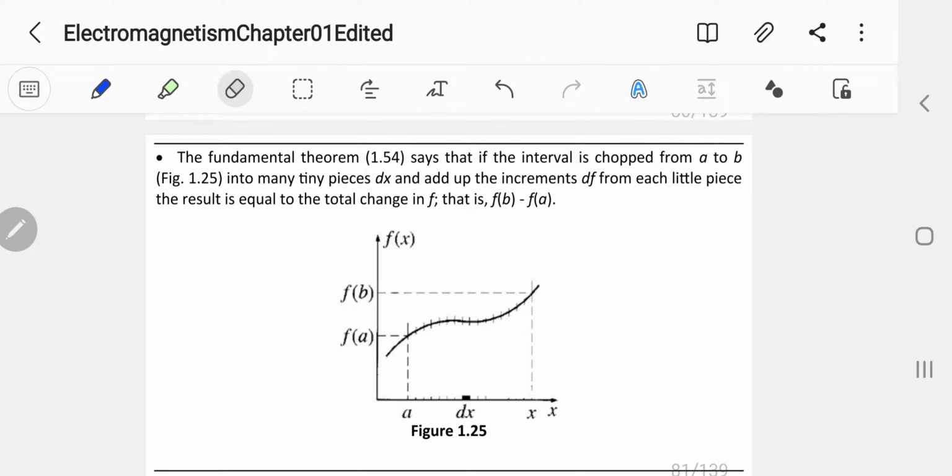So you chop it from a to b in figure 1.25 into many tiny pieces dx, and add up the increments of df from each little piece, which will result in the change of f, that is f of b minus f of a. That is the final value of f minus the initial value of f in consideration.